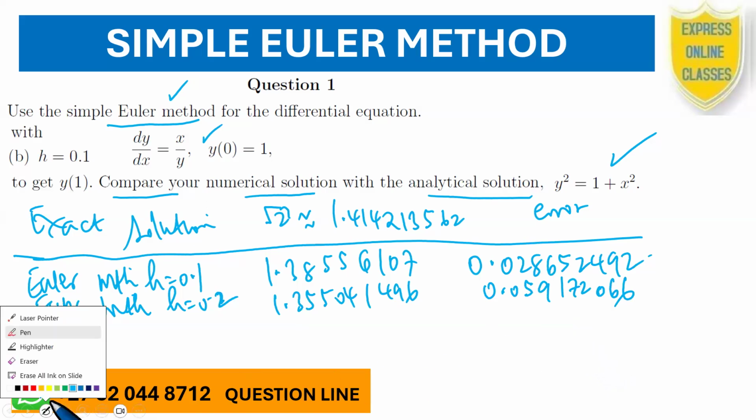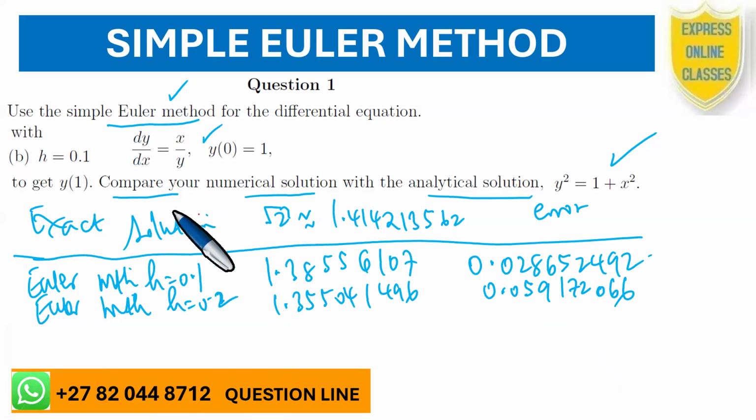Okay, I want us to discuss the effect of the difference between h equals 0.1 and 0.2 on the accuracy of the solution in the approximation process, but also the error: which error is bigger, which error is smaller when h equals 0.1 and h equals 0.2.